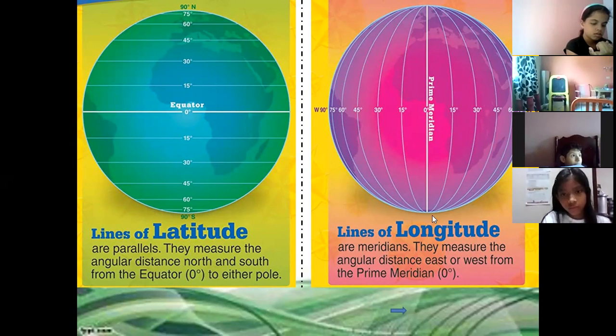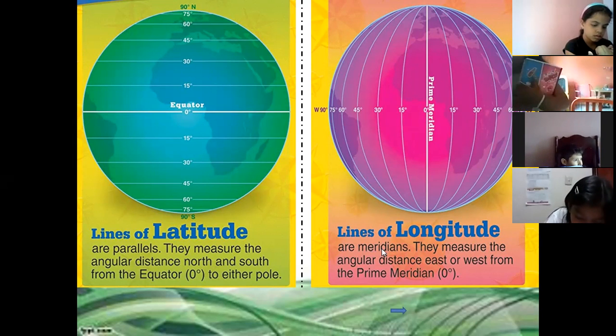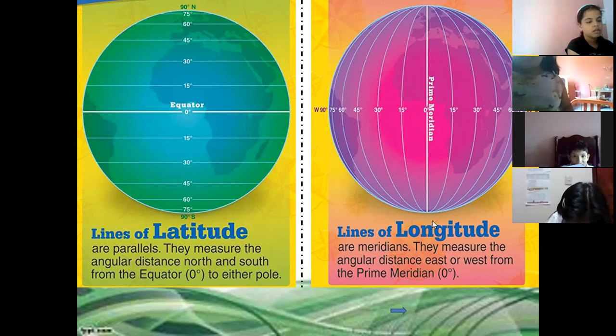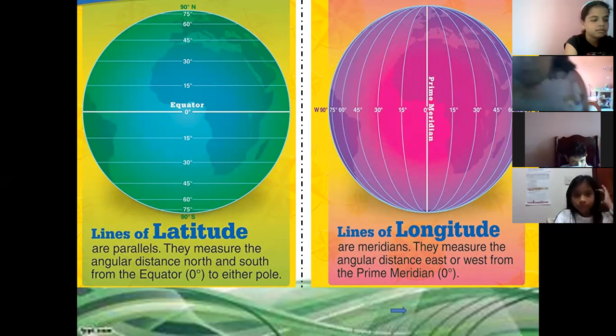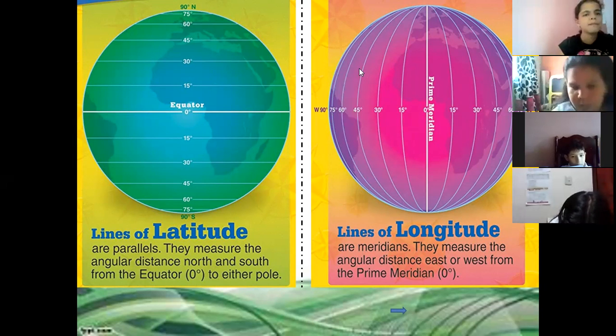Here, lines of longitude are meridians. Why meridians? Because the prime meridian is the imaginary line that divides the Earth into the eastern hemisphere, here, and the western hemisphere. Okay, let me write the hemisphere here.